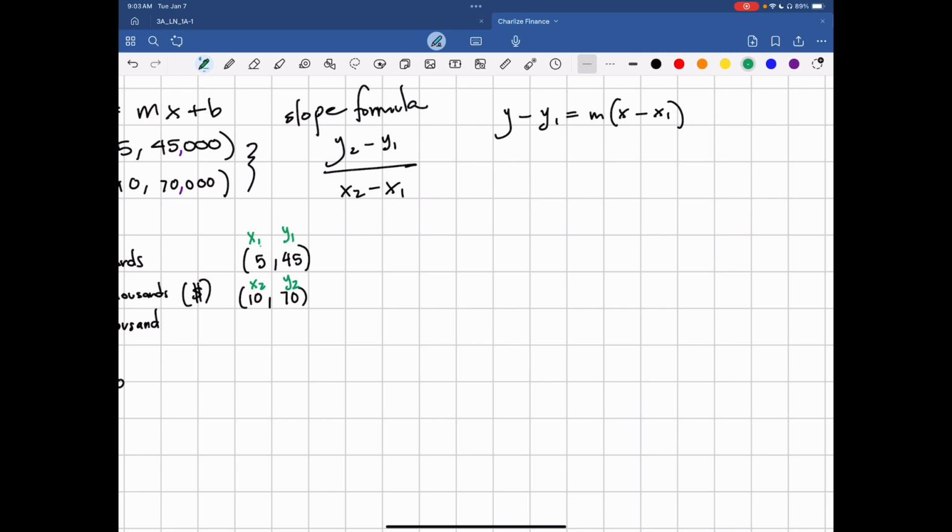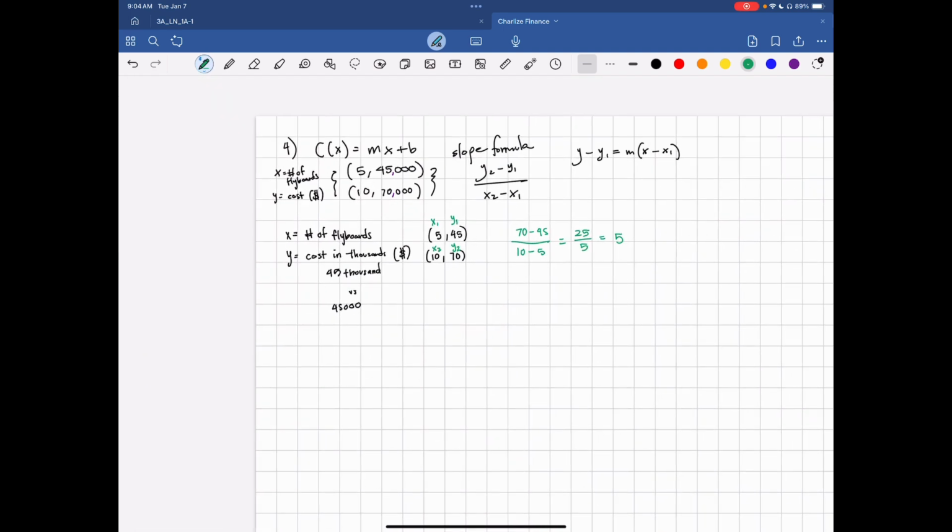You just have to keep it consistent: the same coordinate has to be the first or the second. So I do 70 minus 45 over 10 minus 5, which is 25 over 5, which is 5. So that's my slope.